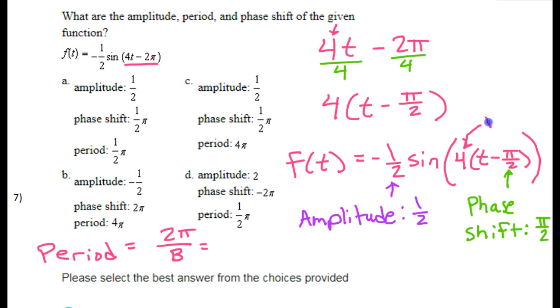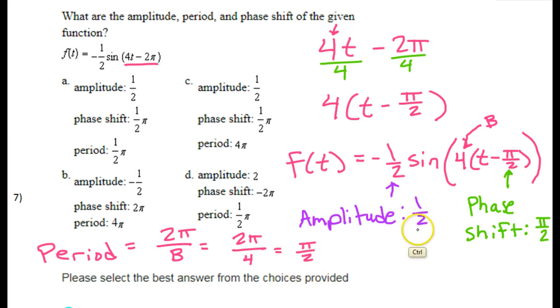That's the b value. So that means 2 pi divided by 4, which is going to be pi over 2. So the period and the phase shift actually are both pi over 2.